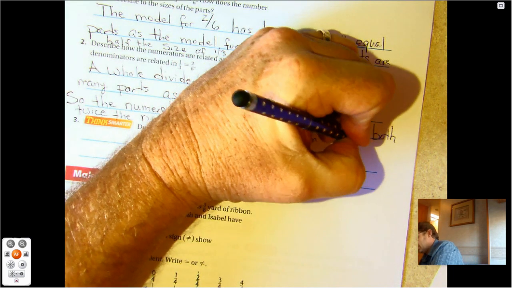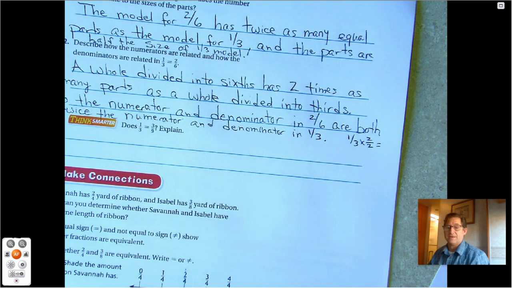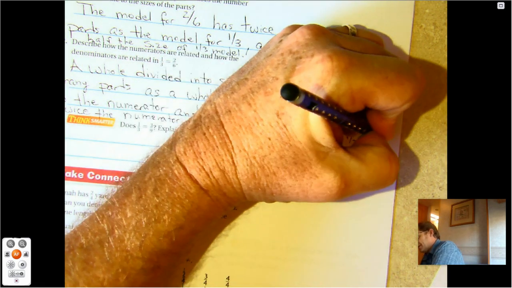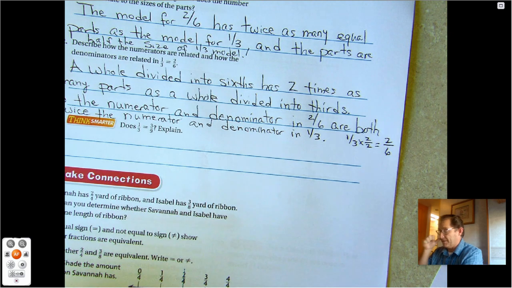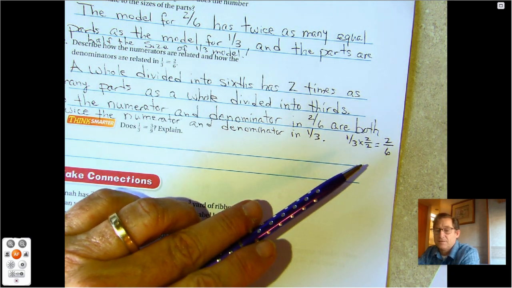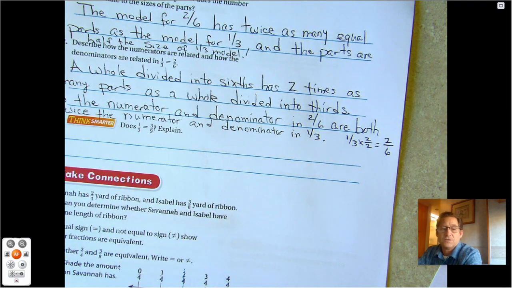So in other words, I can make an equivalent fraction by multiplying both the numerator and denominator by 2, and I would get 2/6. So if the total parts is twice as many, the number in the numerator is twice as many. So does 1/3 equal 3/9? Yes, it does.